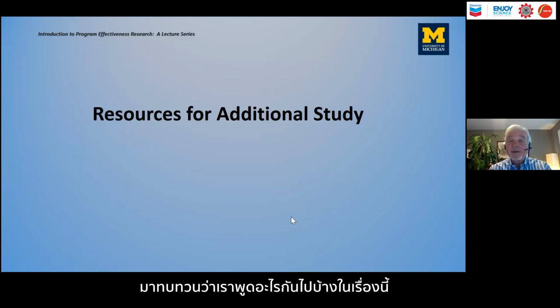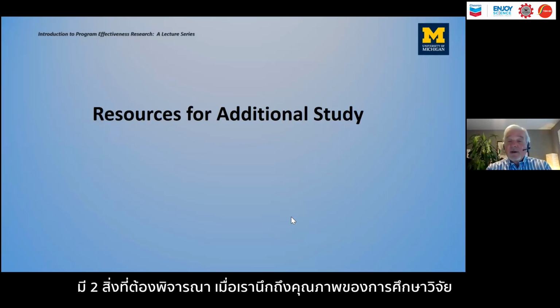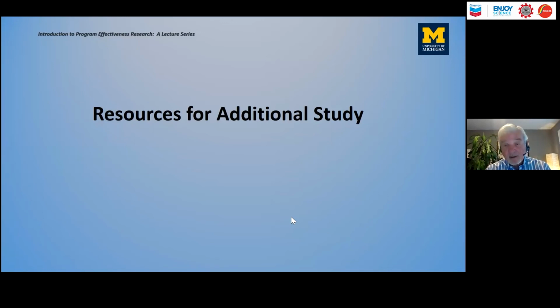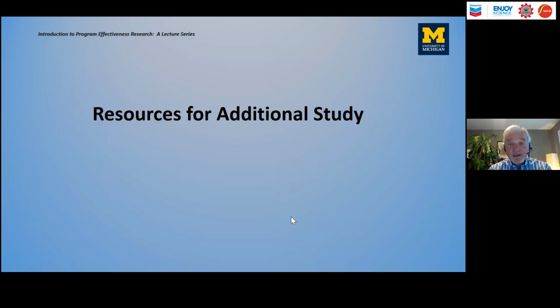Let's review what we have discussed about this. There are two things to think about when one thinks about the quality of a study. These are often called internal validity and external validity. So much of my lecture series has described internal validity.